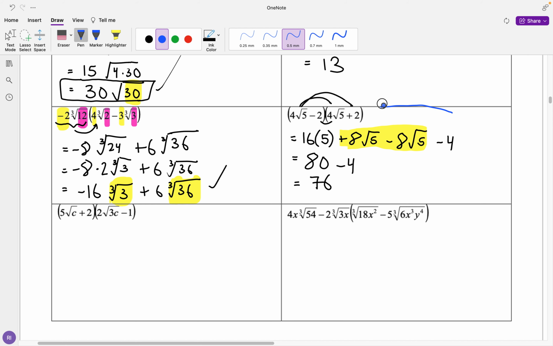I've mentioned this before, but these factors multiply together. These factors are called conjugates. And when you multiply by conjugates, interesting things happen, actually really useful things happen, like radicals will disappear.